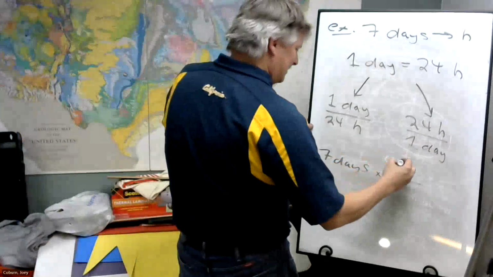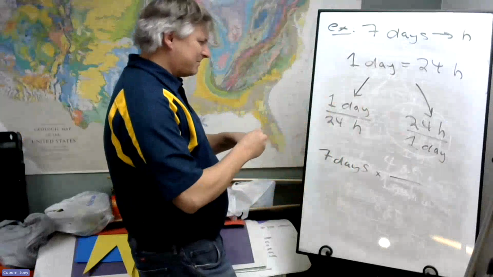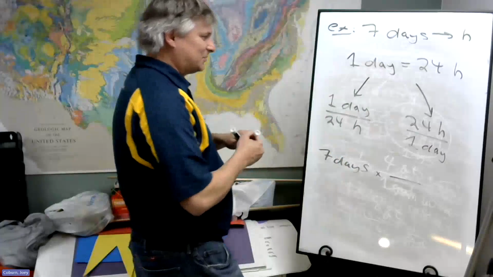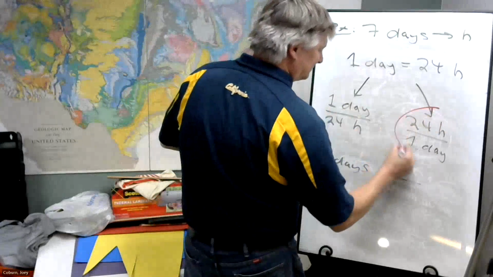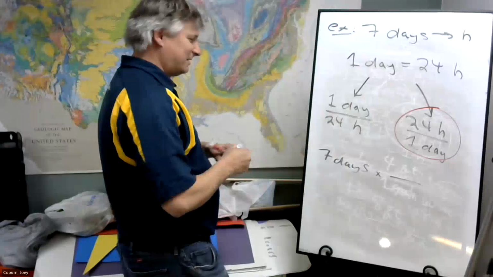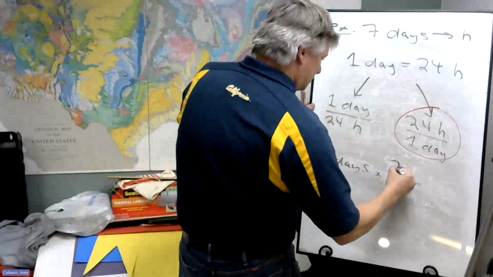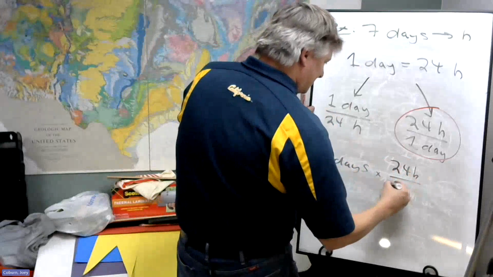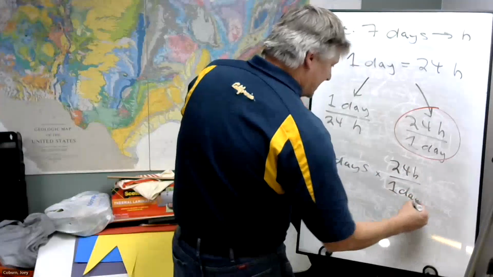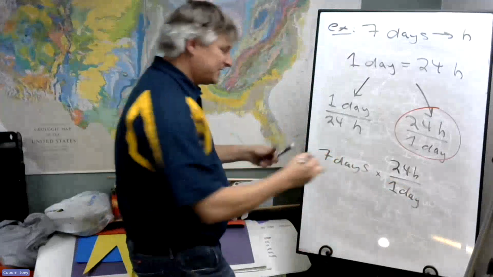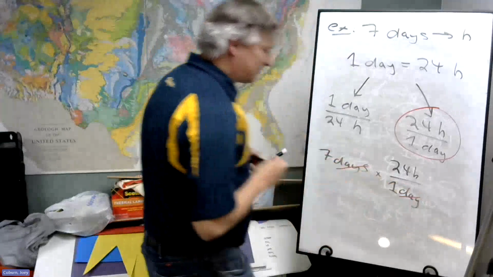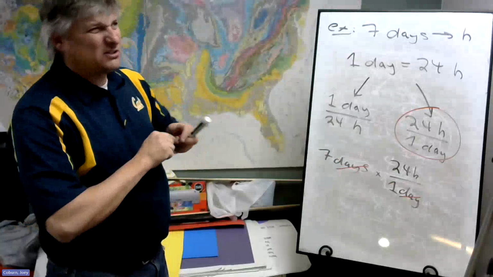So again, we want day on the bottom, and so that means we're going to go with 24 hours over 1 day. And again, plural and singular, that's all right. Now, you have to be careful.